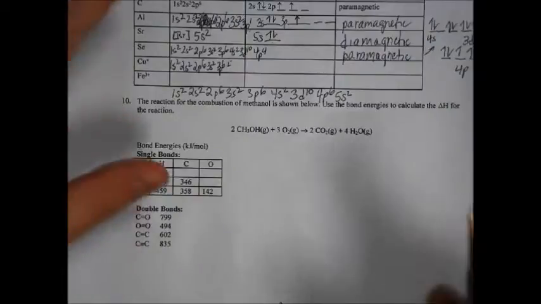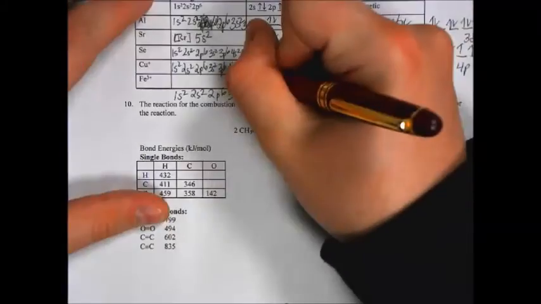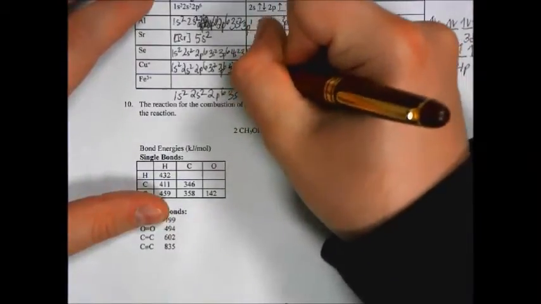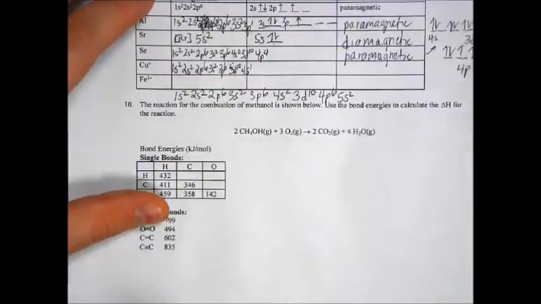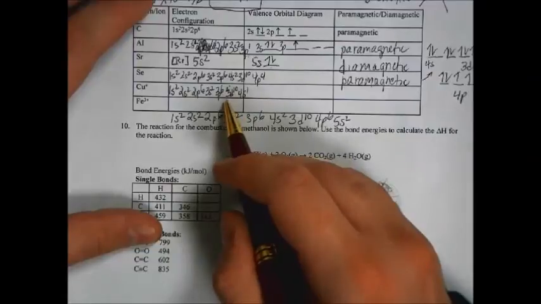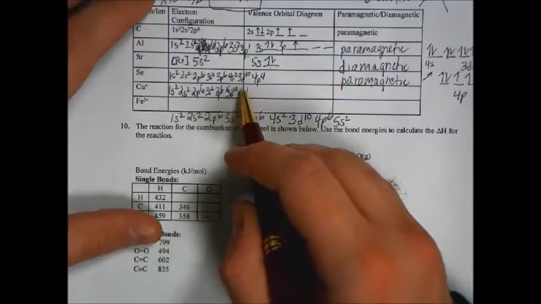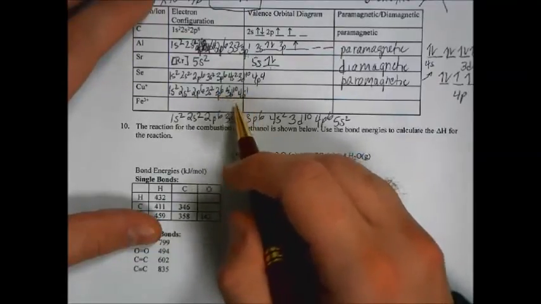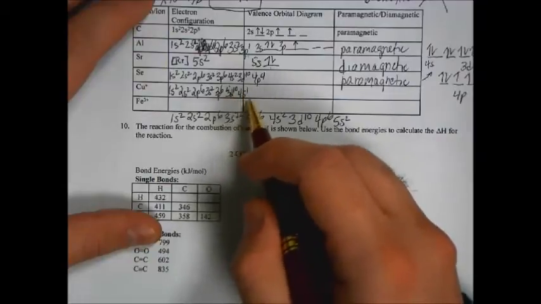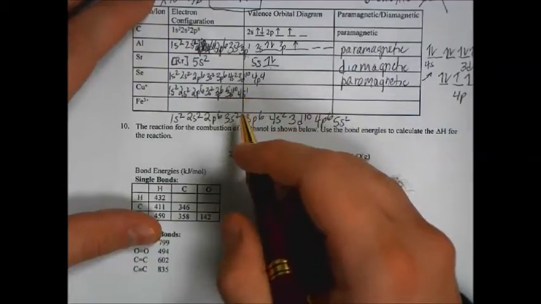The metallic form is 3d10 4s1, okay? Because it is more energetically favorable to fill up the d and to have an unpaired electron in the 4s1. So this is one of those special exceptions.